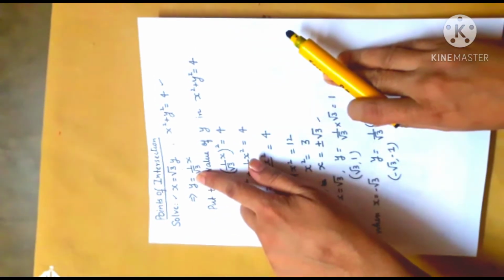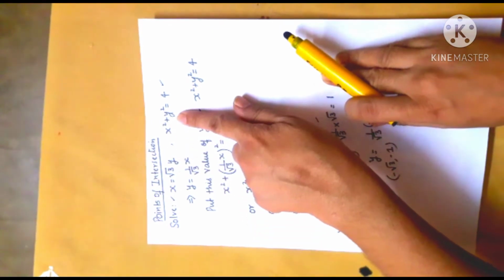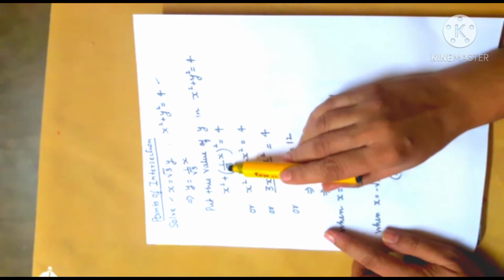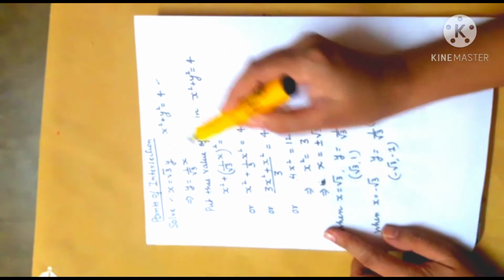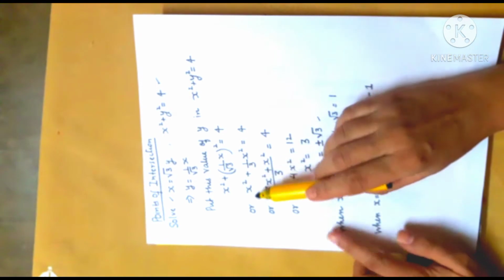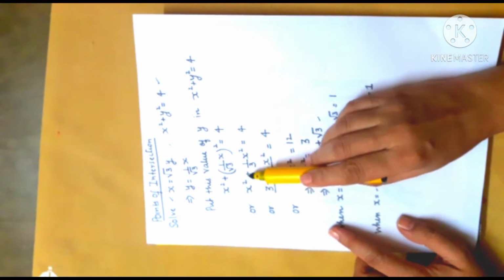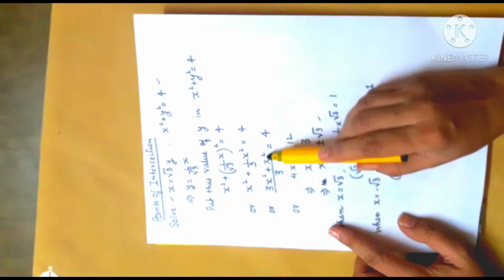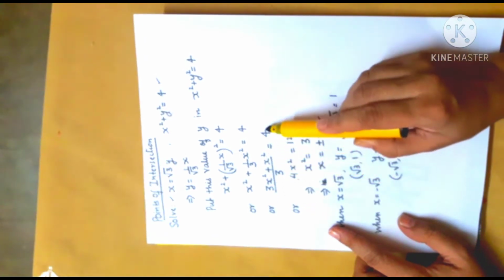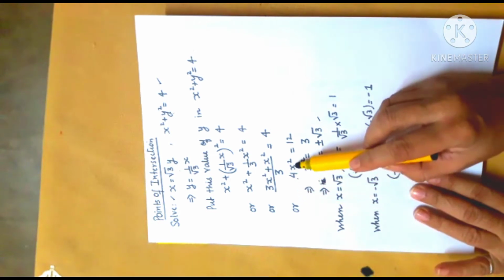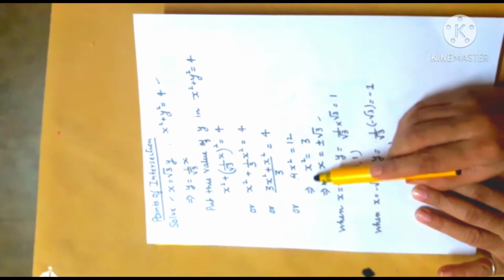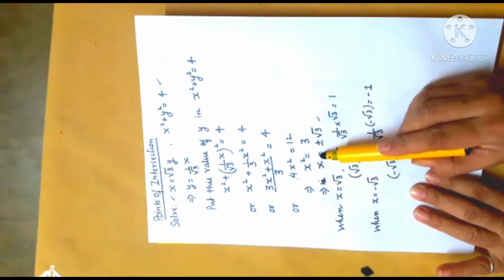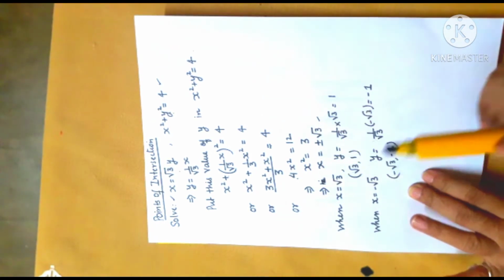I'll put this value of y here in the equation of the circle. So I'll get x square plus x over root 3 whole squared. Y has been replaced with this. On simplification, I'll get x square plus 1 by 3 x square equals 4. That is 3x square plus x square over 3 equals 4. That is 4x square equals 12 and this implies x squared equals 3. And this will imply x is equal to root 3 or minus root 3.